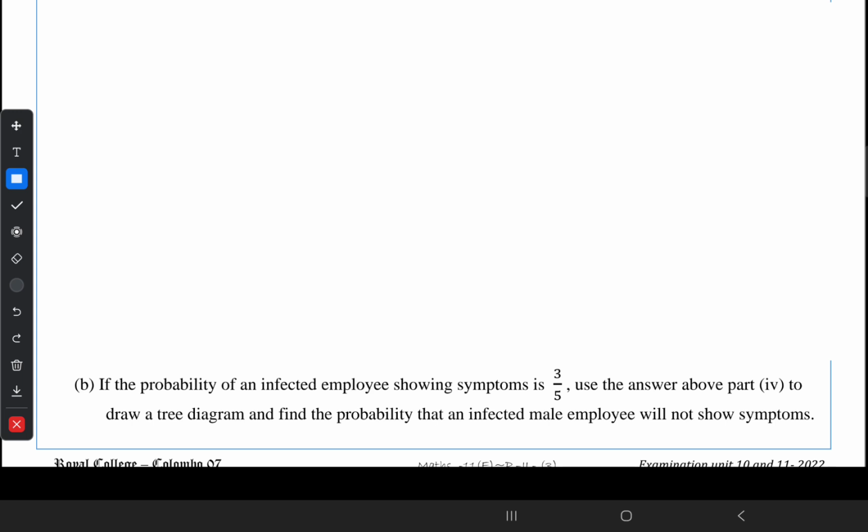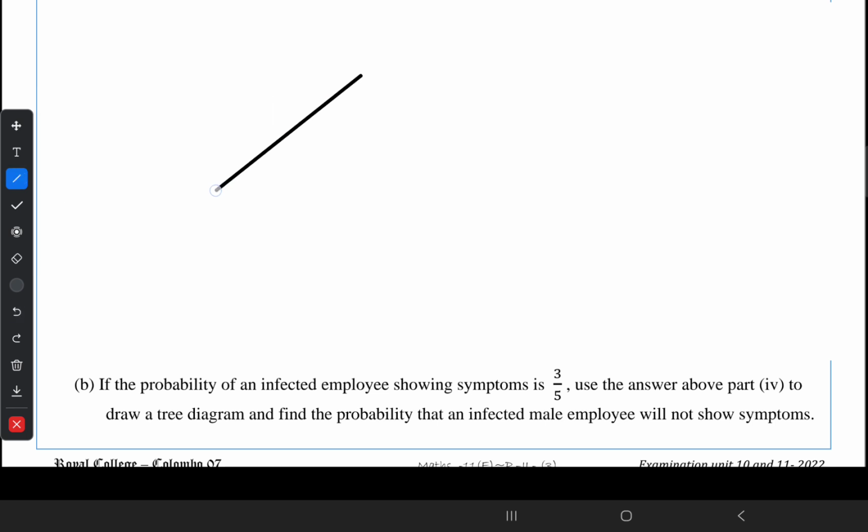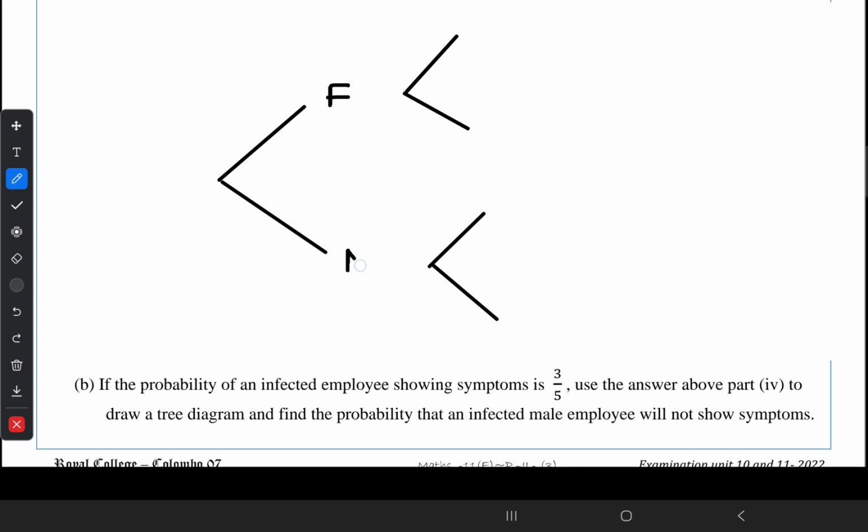Next, the tree diagram. First, male and female. That is the classification. The first branch of our tree diagram should denote female and male. Then the success rate, showing symptoms. This is female. This is male.